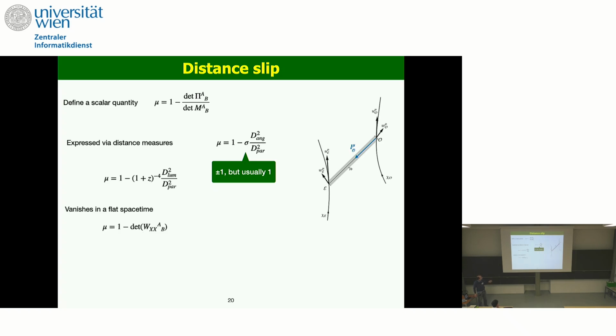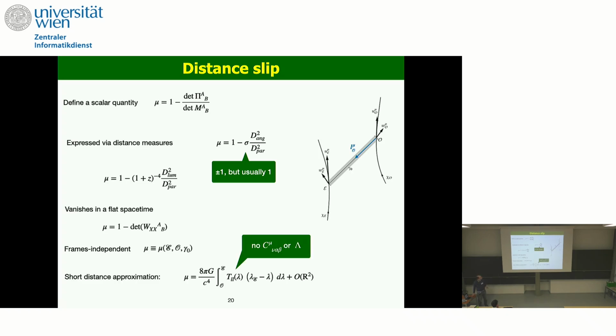Now, the funny thing about this quantity is that it vanishes in a flat spacetime. And secondly, it's always frame independent. So it has no dependence on the velocity of the observer or the emitter, even though all these quantities here very much depend on the velocities of these two guys over here. But this quantity is, in fact, Lorentz invariant in both endpoints.